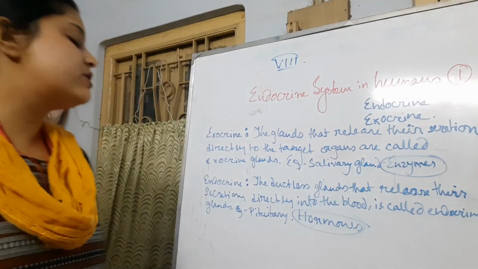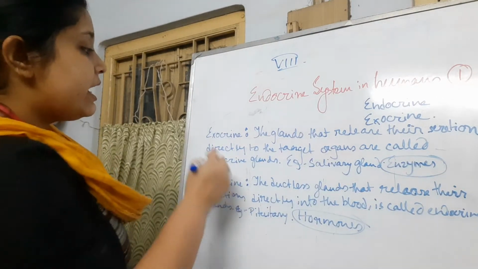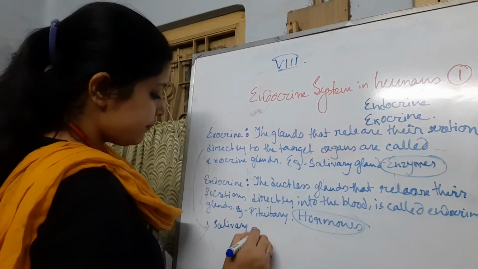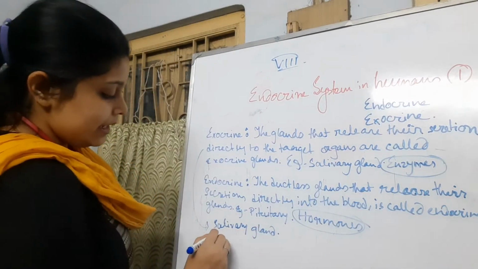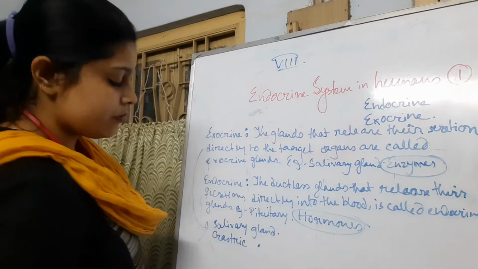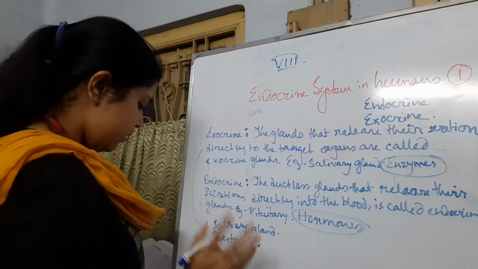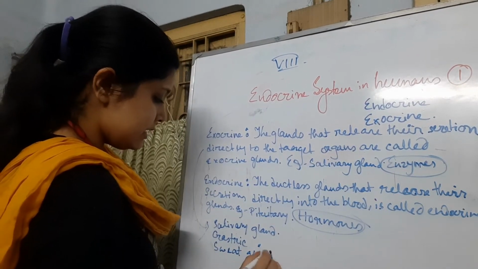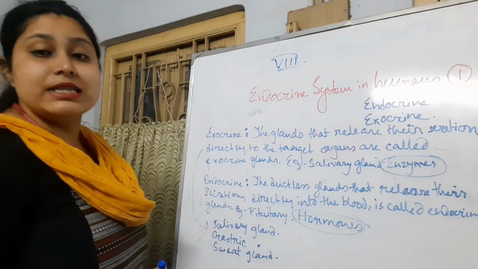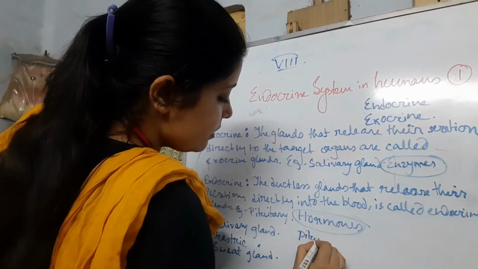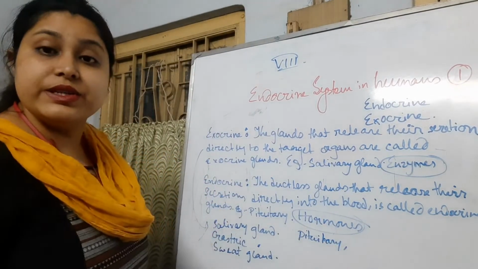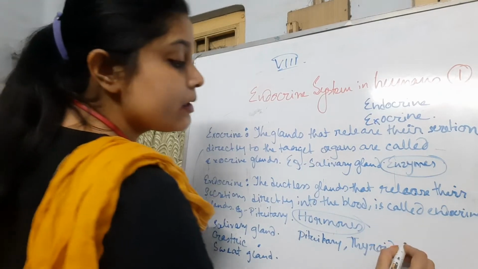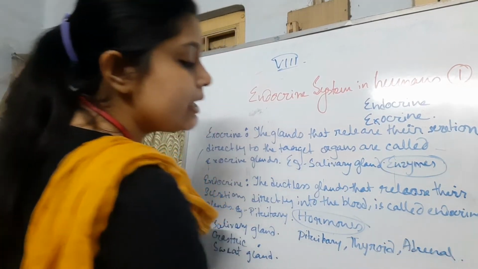And what are the examples of the exocrine glands? Let me write the examples. Exocrine glands are salivary gland, gastric gland, pancreatic gland, or sweat gland, etc. And the endocrine glands are pituitary gland, thyroid gland, adrenal gland.